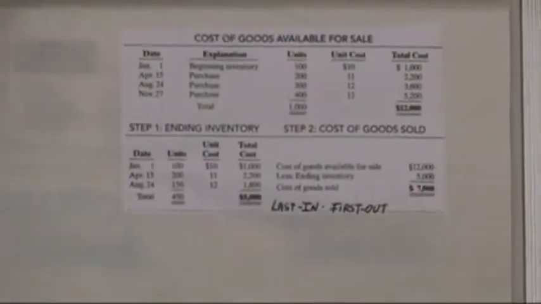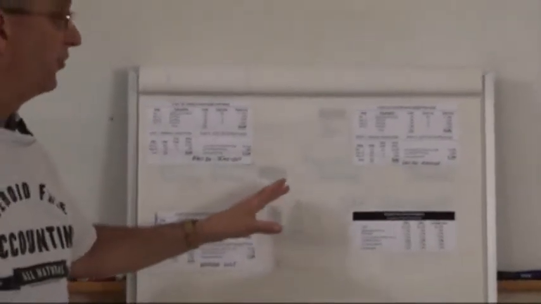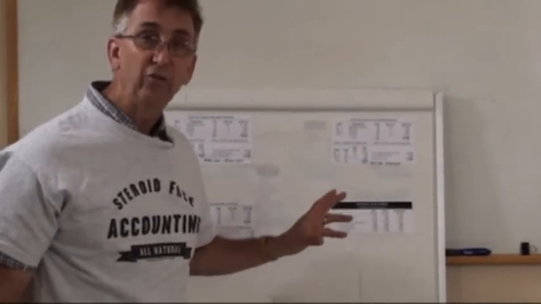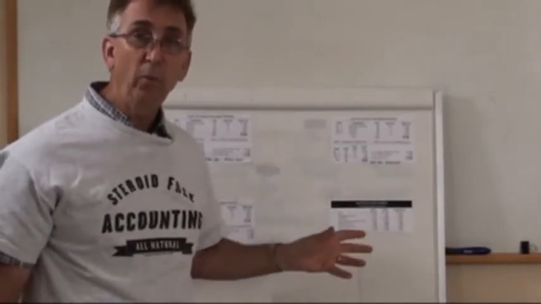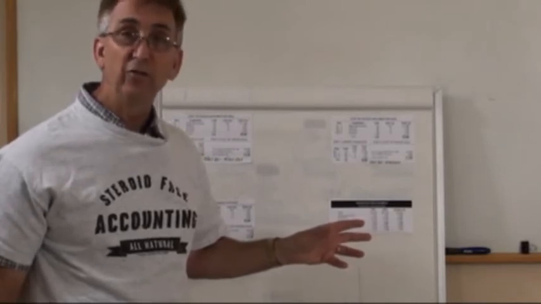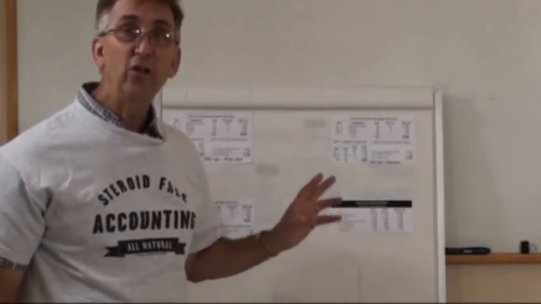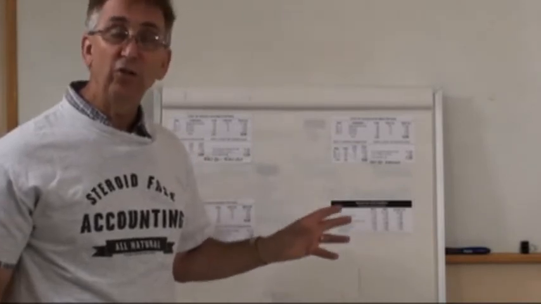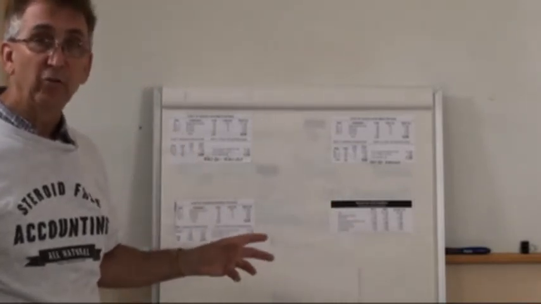Now, another thing I do want to let you know about is what's called IFRS, the International Financial Reporting Standards. Up till this point in our accounting procedures here in the United States, we have not used them. What we've done instead is just follow generally accepted accounting principles.